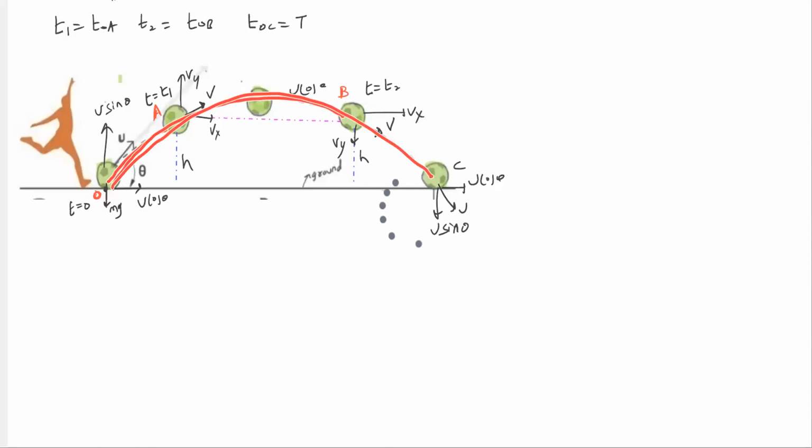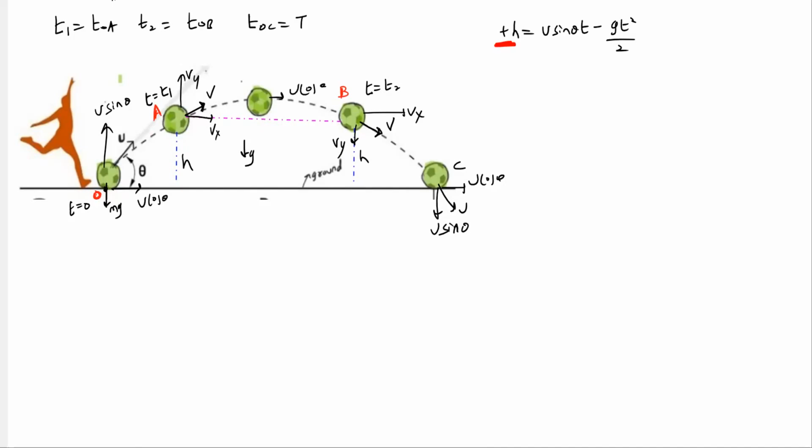So we are trying to get a relationship. Let this projectile be at an instant. We'll write the equation for H. Here gravity, g, is acting. We'll write all the possible equations. H is equal to u sin theta t minus gt square by 2. Now you have to ask the question: Sir, why is this H positive?